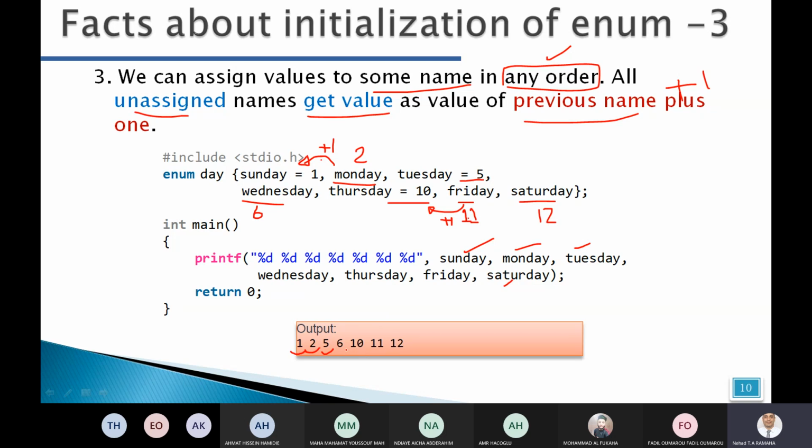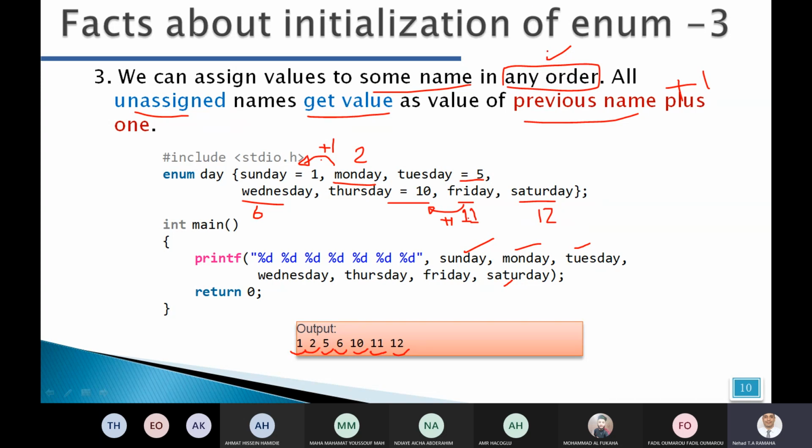And Wednesday will take 6 because it's Tuesday plus 1. Thursday is 10 because we gave it 10. Friday is 11 because it's Thursday plus 1. And Saturday is 12 because it's Friday plus 1.